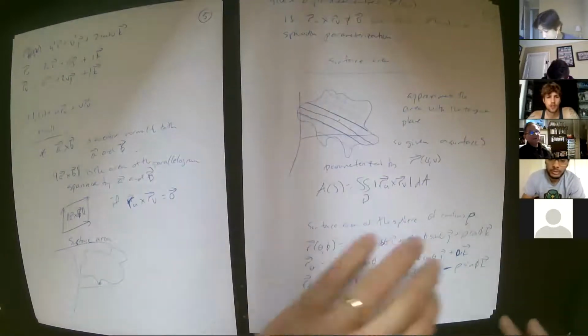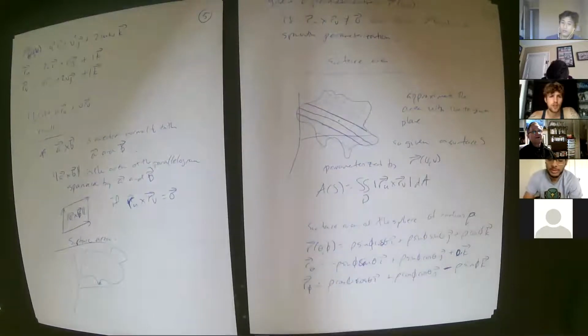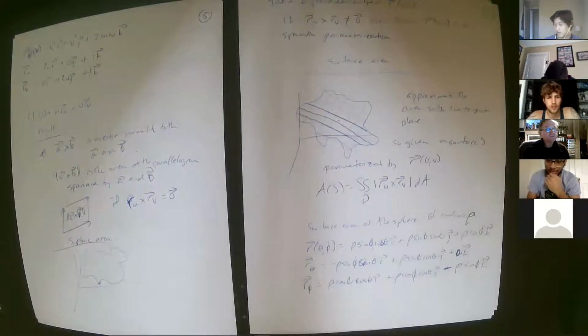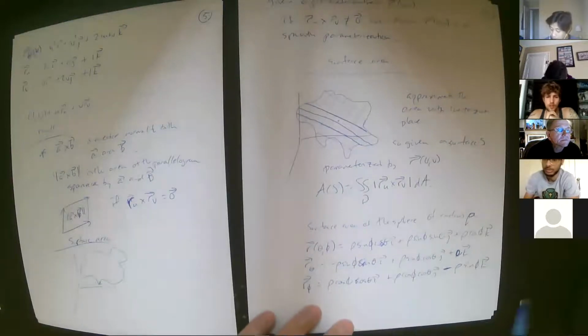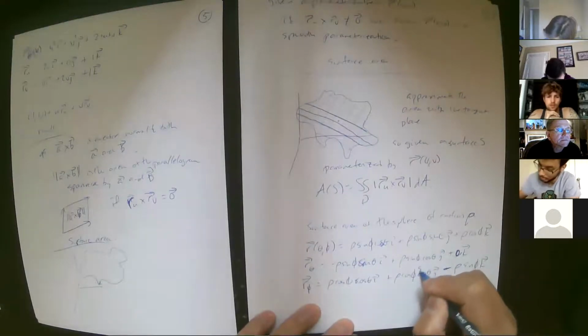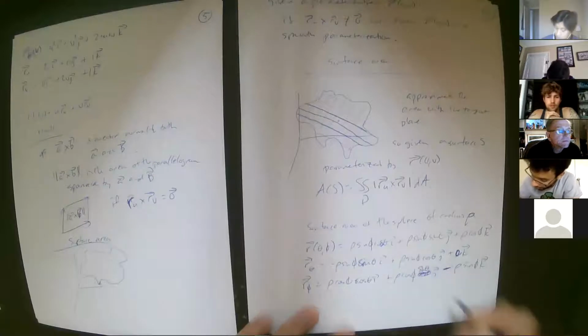For the R of phi, shouldn't it be rho cosine phi sine theta in the middle part? Yeah, I just wrote the wrong thing, correct. That should be sine theta.